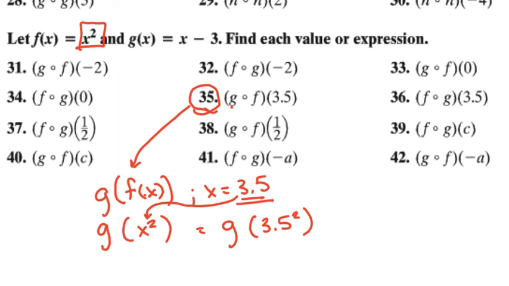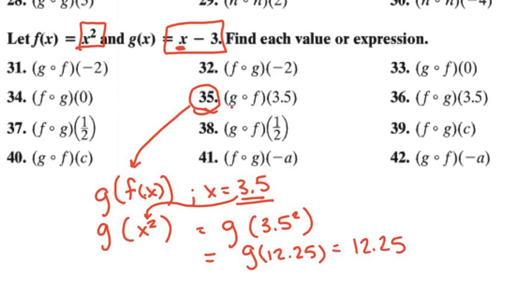Okay, so this gives us g of 12.25. Now I'm going to replace any x in the g equation with 12.25. So this gives me 12.25 minus 3, which is going to give us 9.25. Sorry, I'm going to erase that and rewrite that because it's just sloppy. Right, so 9.25. And that's it. All right, moving on to 7.7.